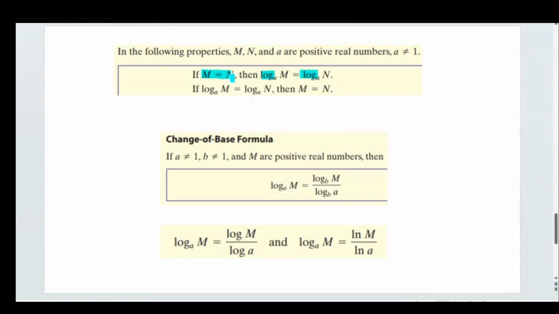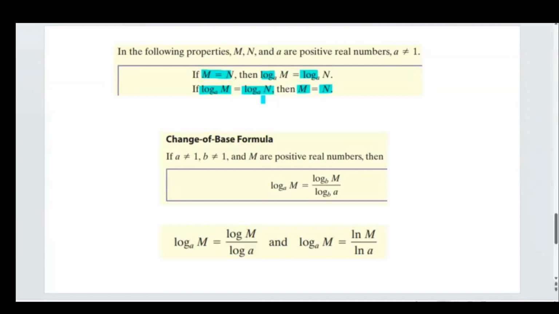So we can get that if m is equal to n, then the logarithm base a of m is equal to the logarithm base a of n. But also, if we have an equality between two logarithmic expressions, we can say that the arguments of those expressions are equal. This property in these two different forms is a very important property to solve both logarithmic equations and exponential equations.